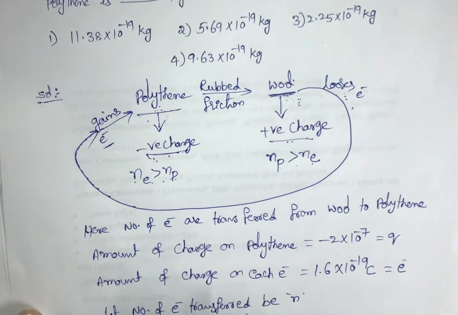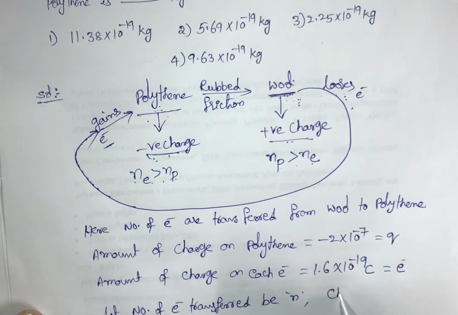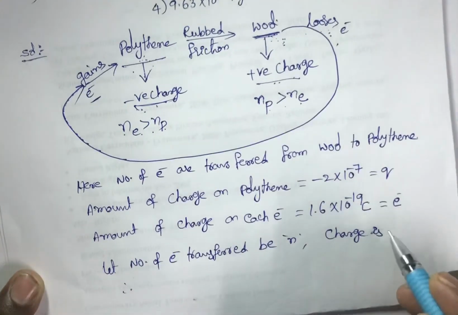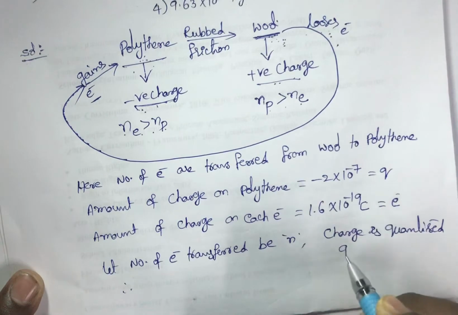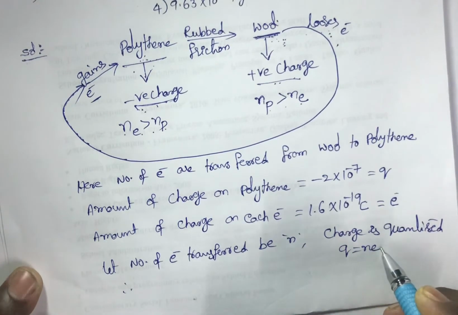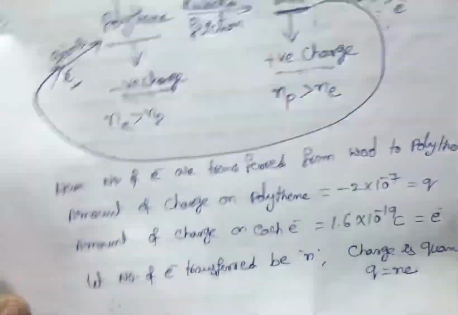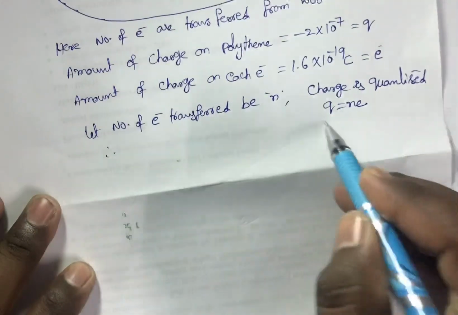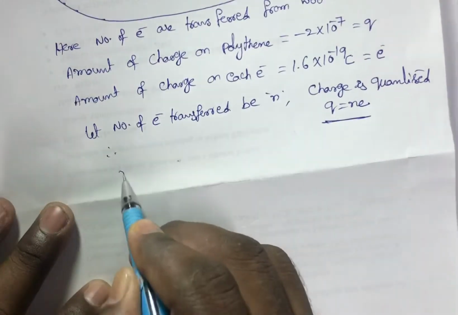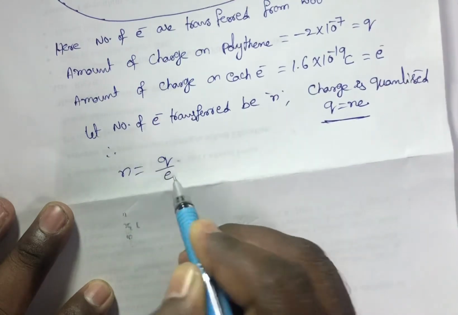Therefore, according to the concept that charge is quantized, Q is equal to ne. Based on this, n is equal to Q by e.